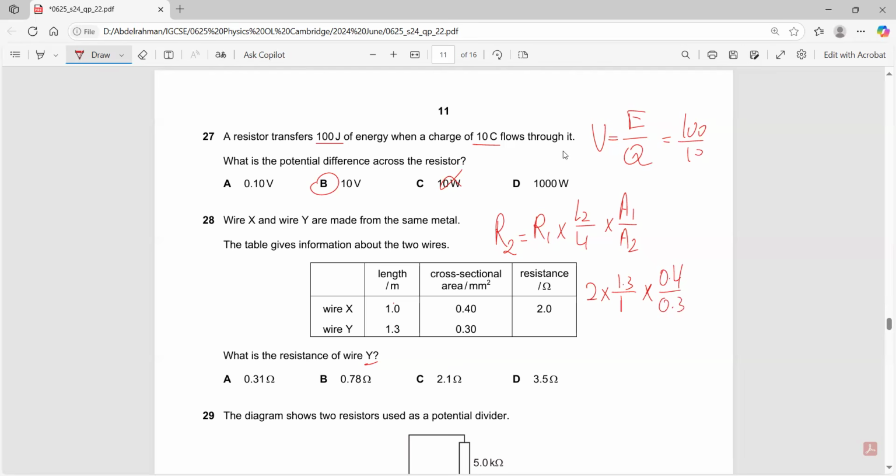Why do I say A1 over A2, not A2 over A1 as the length? Because the area is inversely proportional. So 2 times 1.3 times 0.4 over 0.3 would give you a resistance of 3.466 or 3.5.